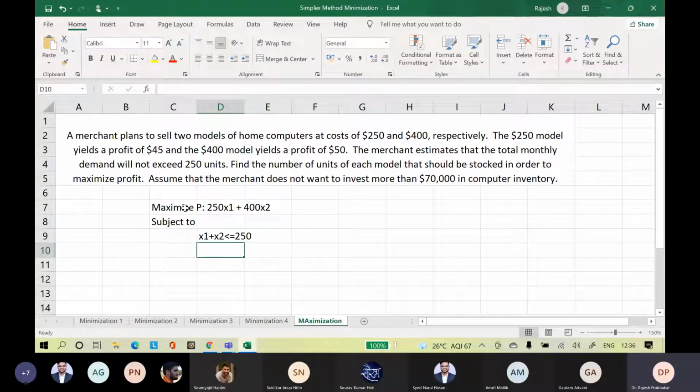No, cost is 250, 400. Yeah, but that's a selling price. And they are saying that each model will have a $45 profit. So cost will be 250 minus 45. No, we are maximizing the profit only, right?